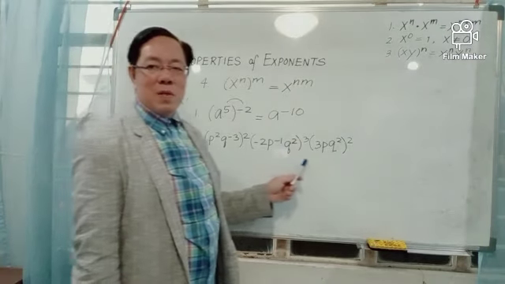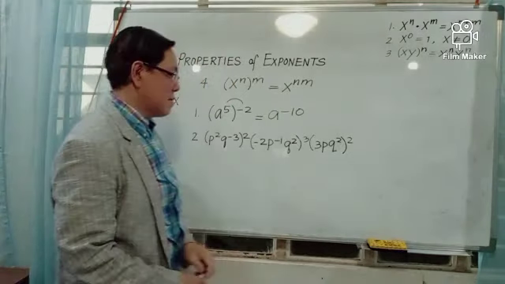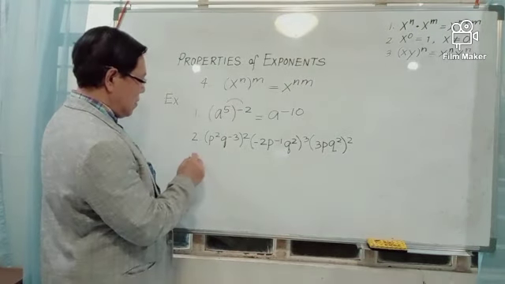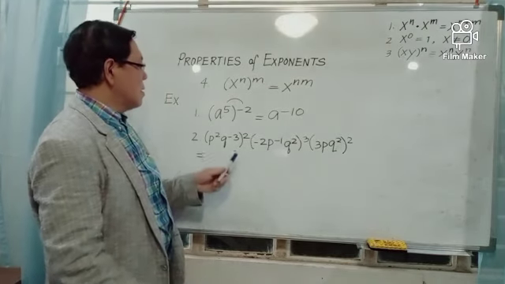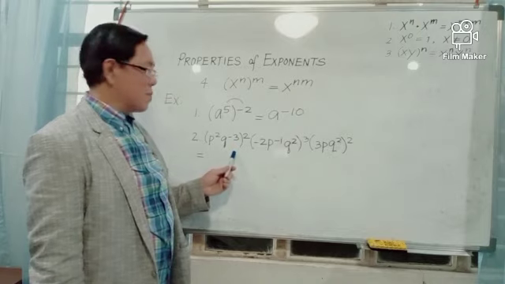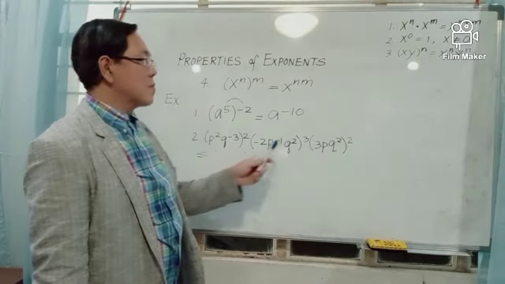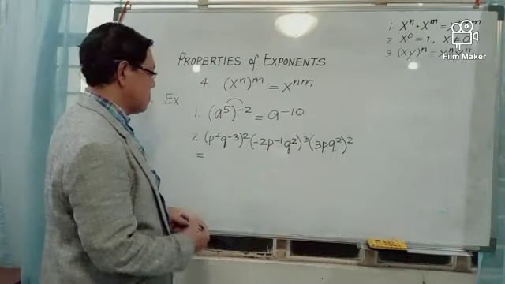And to simplify further, we apply the first property of exponent. We have p squared times q to the negative 3 raised to 2 by the third property of exponent.